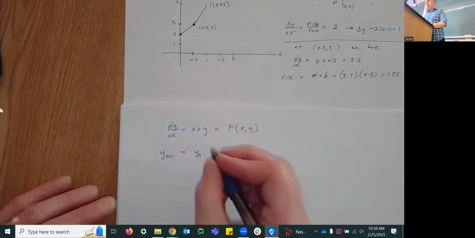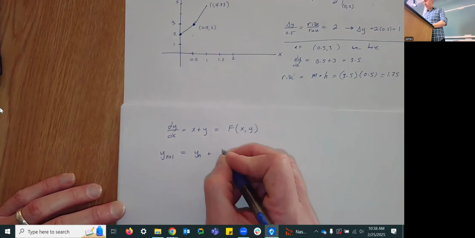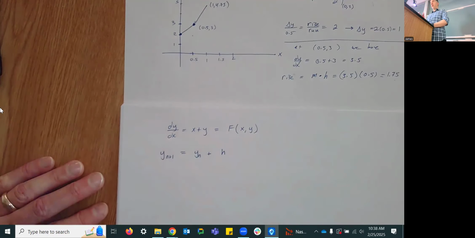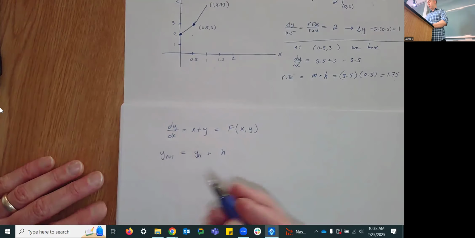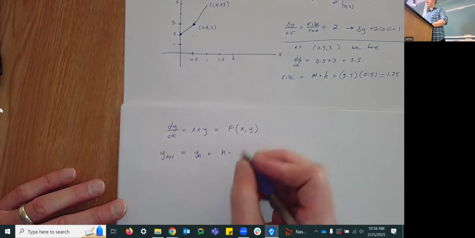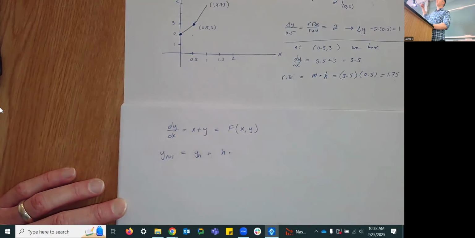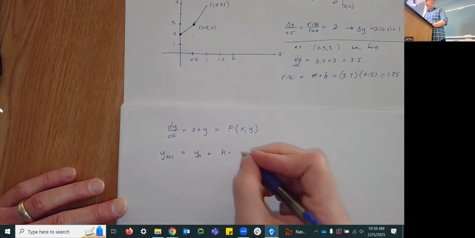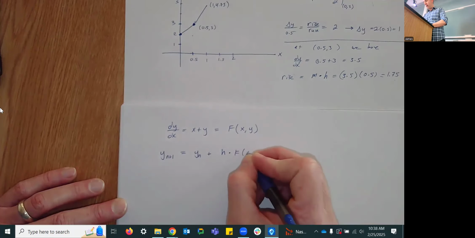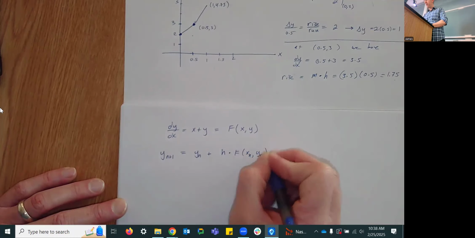The rise again is your run, your h value, your change in x, multiplied by your slope at the previous point. The slope being f of x sub n comma y sub n.